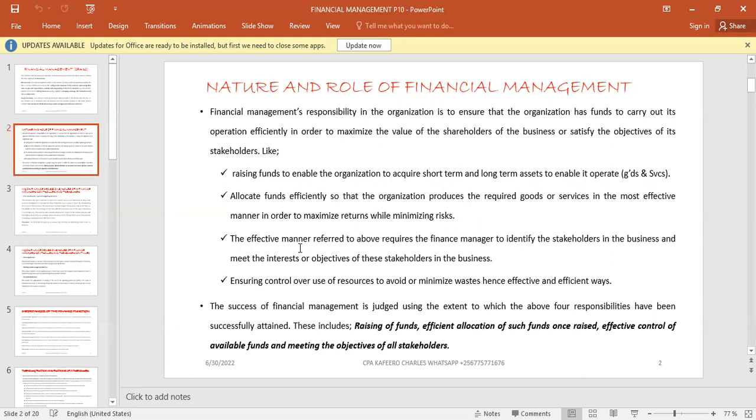But at the end of the day, we find ourselves not giving the stakeholders what they want, or the main aim as to why they formed the business in the first place. We are not doing it. So those are the roles of financial management.